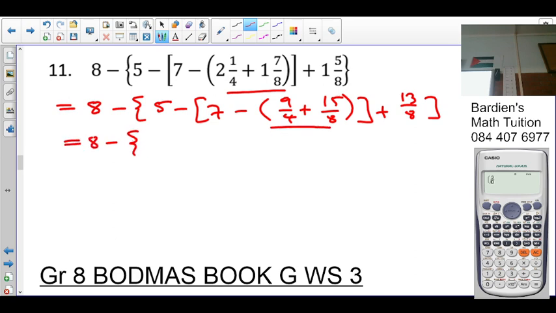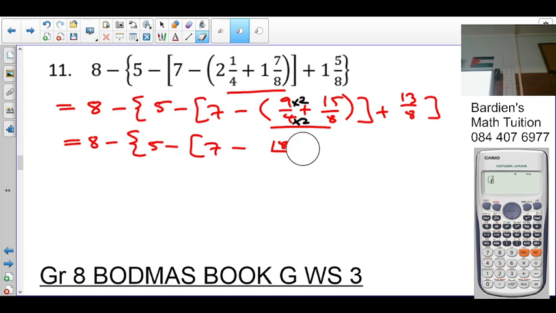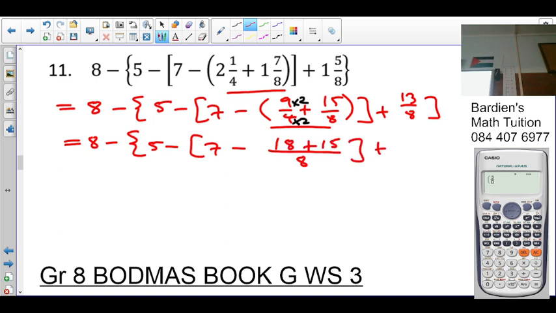So it's 8 minus 5 minus 7 minus. Your LCM here is 8. So multiply this by 2. So it's going to give you 18 plus 15. Put the 5 here. 8 plus 15. Exactly. LCM is 8. It's 18 plus 15 plus 13 over 8.